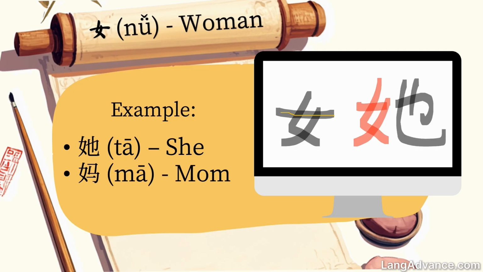Now this line is a little bit shorter. That is because you need to make space for this part. Some of the most common words are ta, which is she, and ma, mother. Both of them are women.